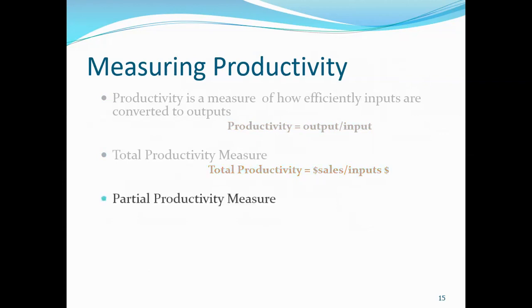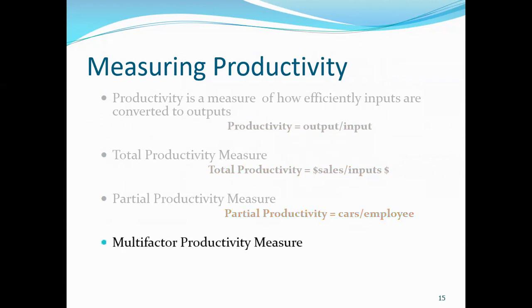For partial productivity measure, we can use how many cars per employee, so we know how many cars one employee makes per year or per month, whatever unit we measure. Then we have multi-factor productivity, like sales over the total cost.